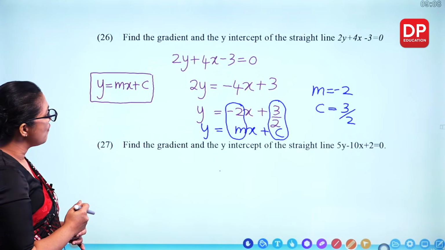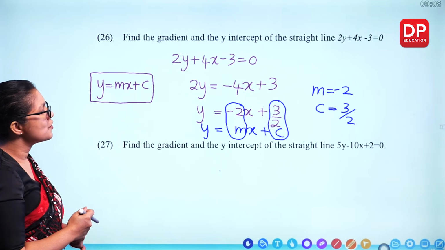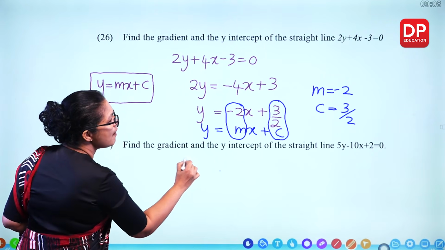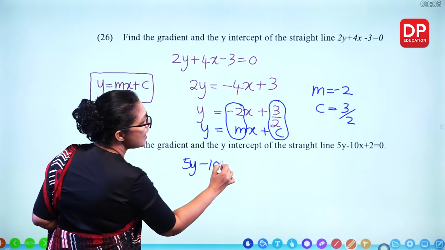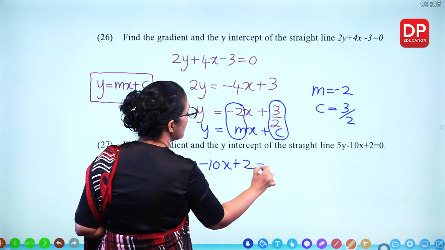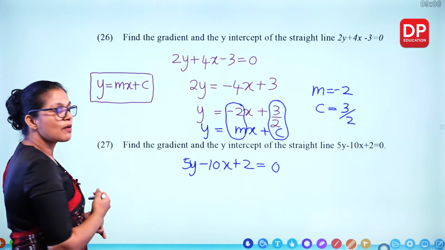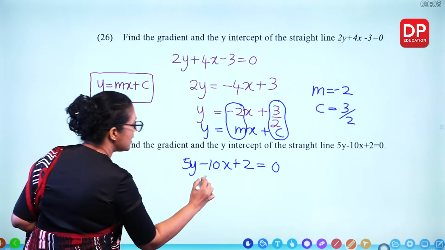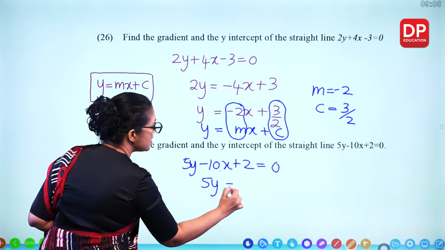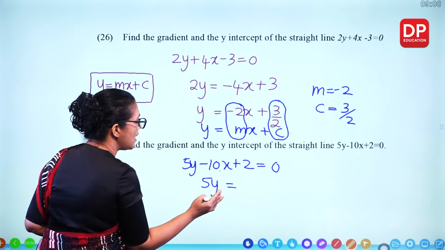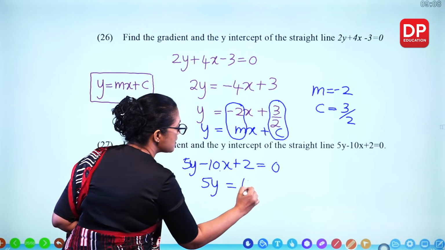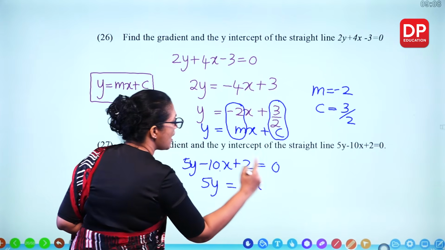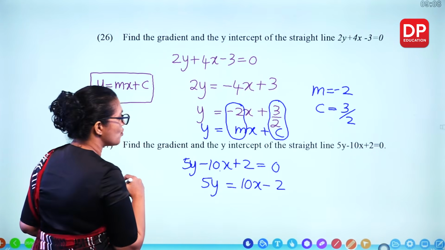Now look at this one. Find the gradient and the y-intercept of the straight line 5y minus 10x plus 2 equals 0. What's the method? Keep y term in one side and take all the other terms to the other side. Minus 10x becomes plus 10x. Plus 2 becomes minus 2.